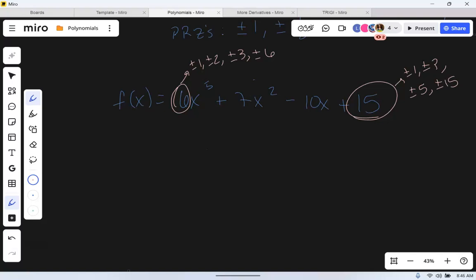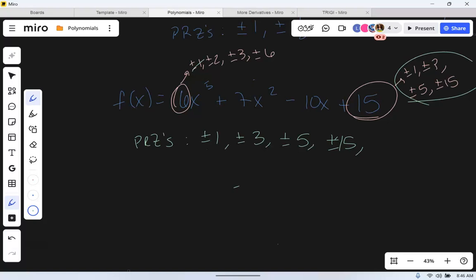Now let's put our PRZs together. This is a little bit harder because look at all these numbers I got. Start with these. I'm going to take all of these and divide them by 1 first. So that's just itself, right? Plus or minus 1, plus or minus 3, plus or minus 5, plus or minus 15. Now what am I going to divide them by? 2.